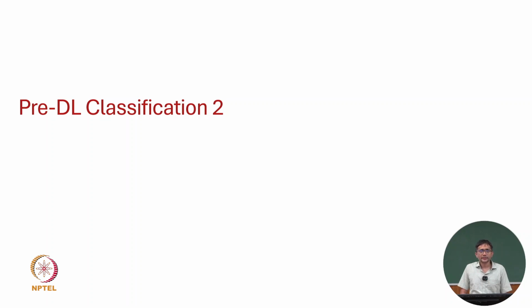In the previous lecture, we started talking about the classification or semantic segmentation approaches, basically the machine learning approaches that we used before the era of deep learning, with a few specific examples.